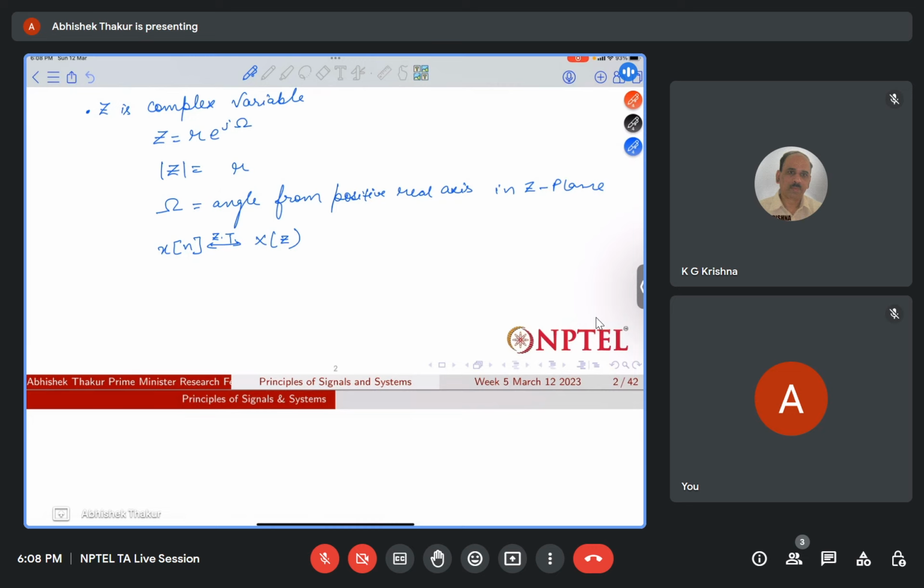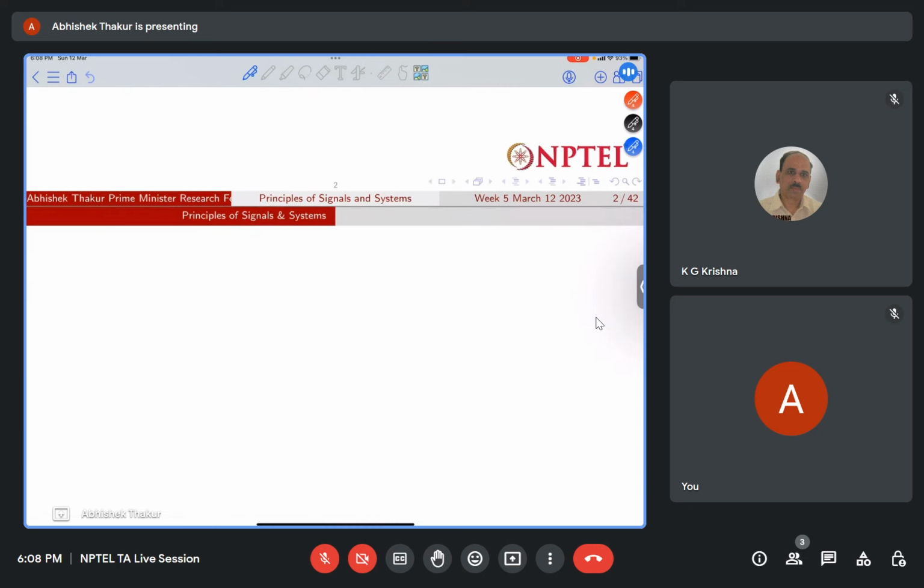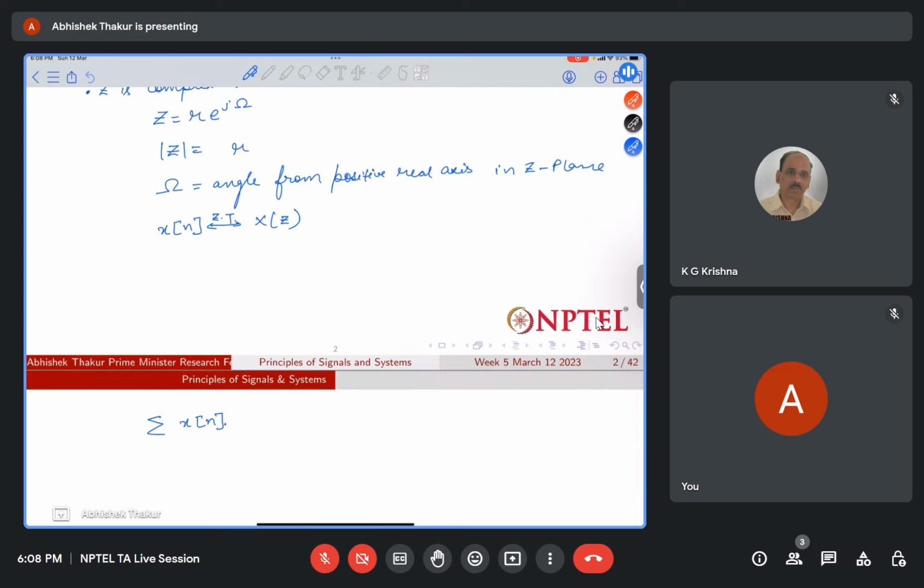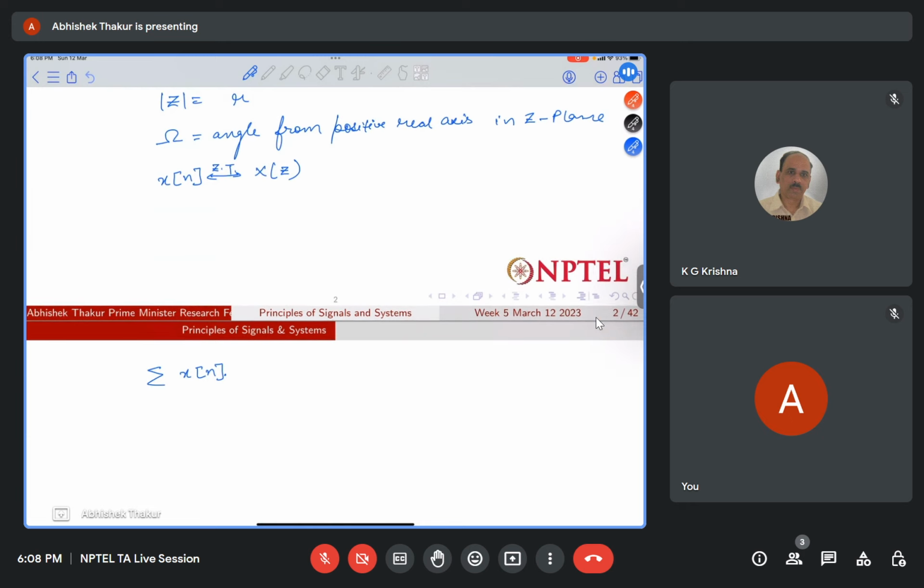The Z transform is said to converge if x[n] r to the power minus n is absolutely summable. In the formula of the Z transform, we take the magnitude and check that this value is less than infinity, meaning it is a finite value.